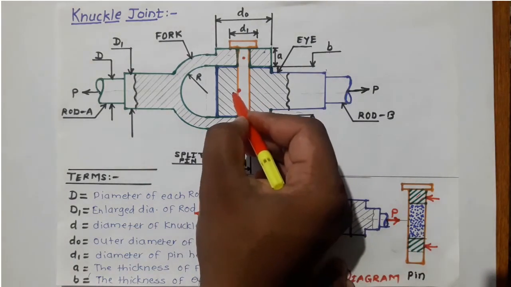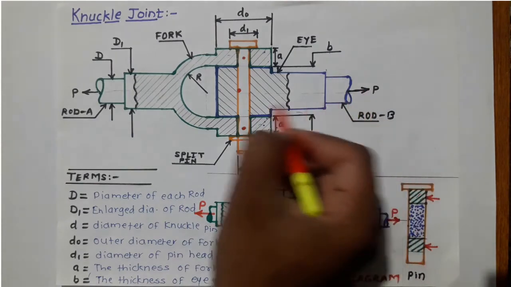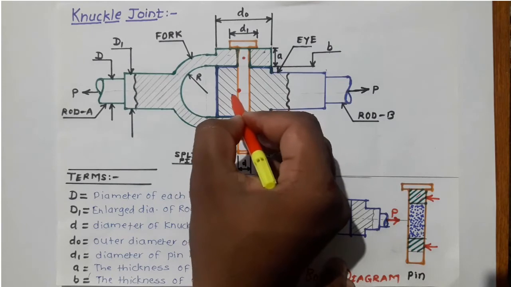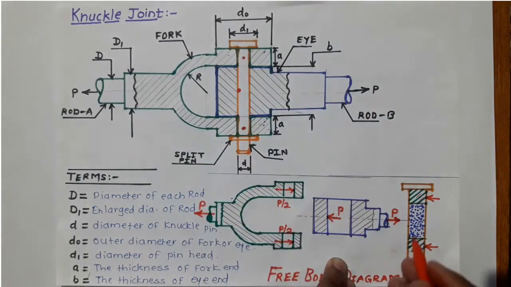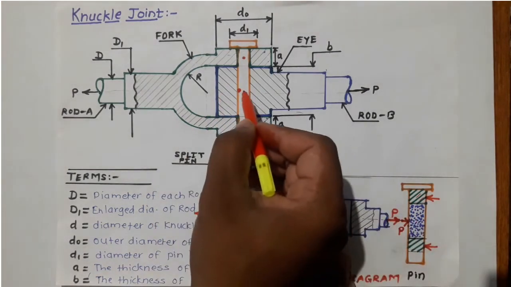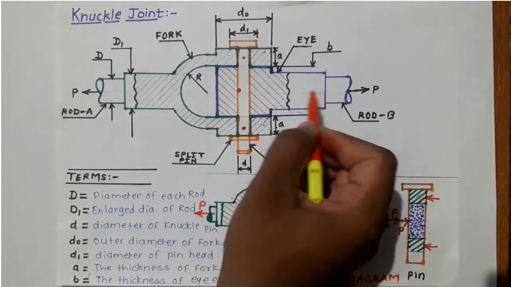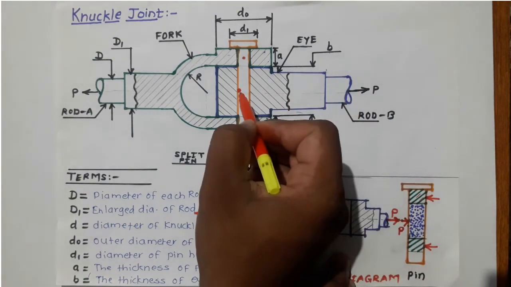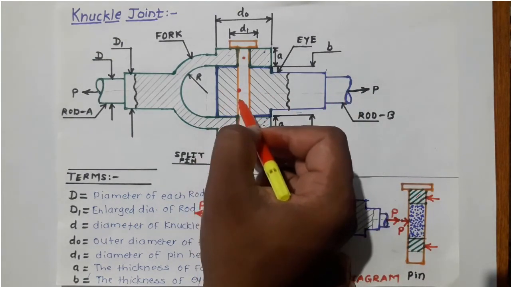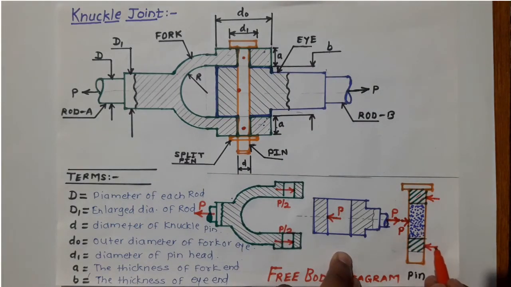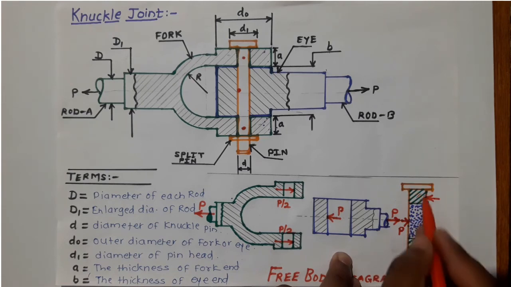Similarly, this eye is pulled towards the right side, so the eye exerts force on this pin towards the right side in this middle region. So that we can show here. I can draw here the force P which is exerted by the eye on the pin towards the right side, because the total force applied on the rod is P, so the same force will be transferred to this pin towards the right side. Now it is very important what must be the magnitude of this force and this force which is exerted by the two ends of the fork.